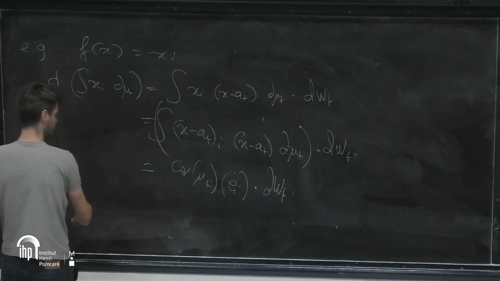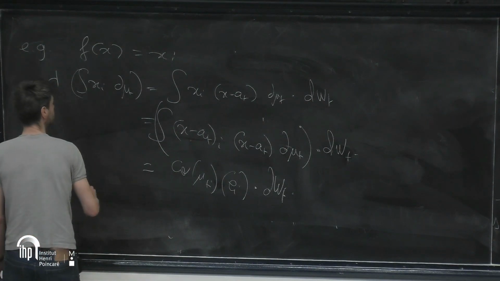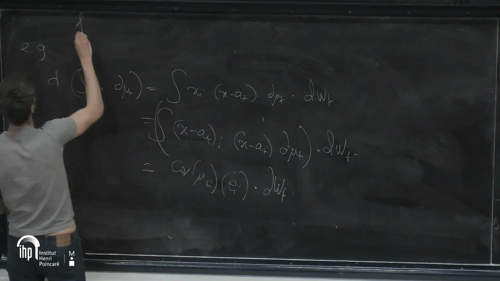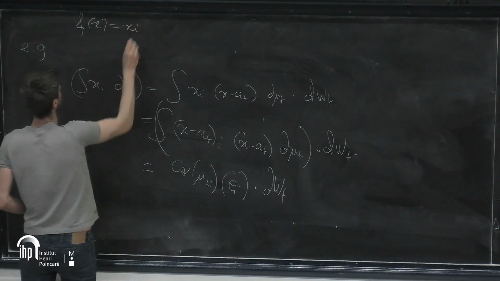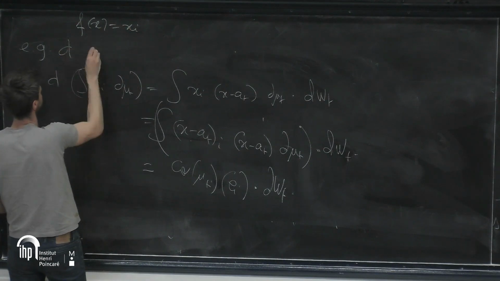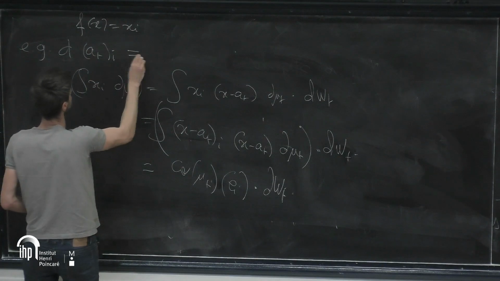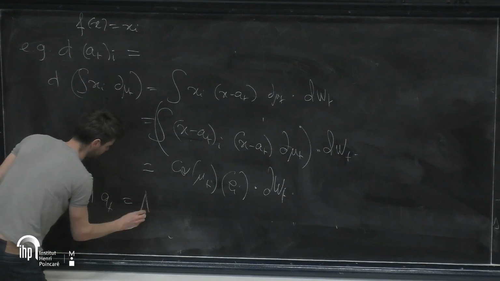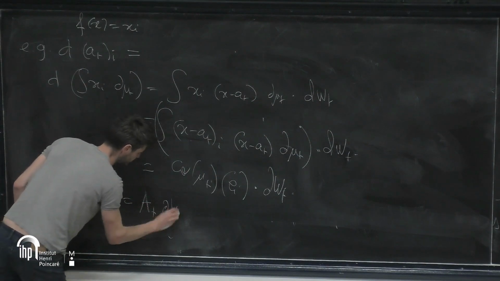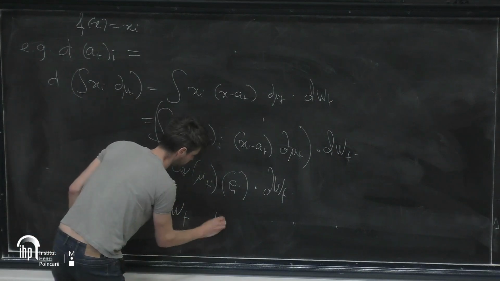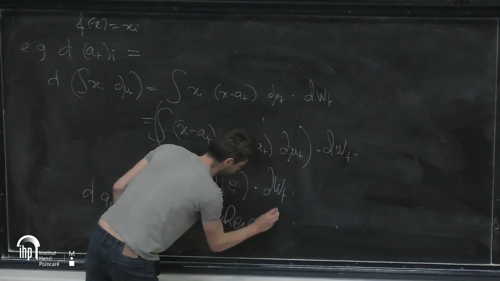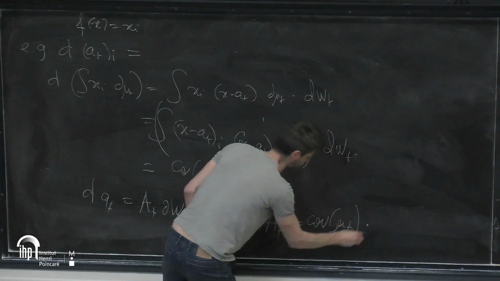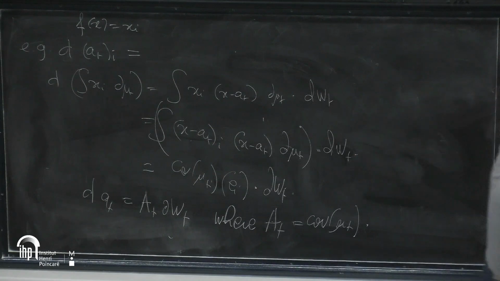And this is d a_t^i, if you want. So you see that d a_t is A_t dW_t, where I will give a name to this covariance, A_t is this covariance. Okay, so far so good.